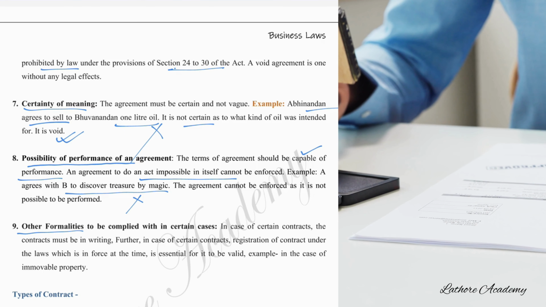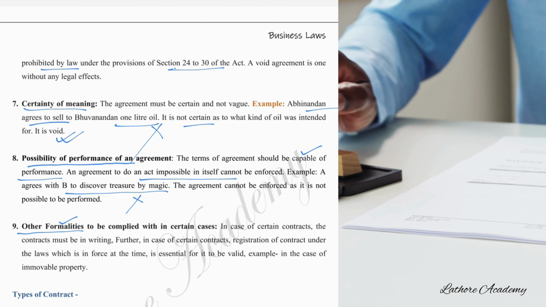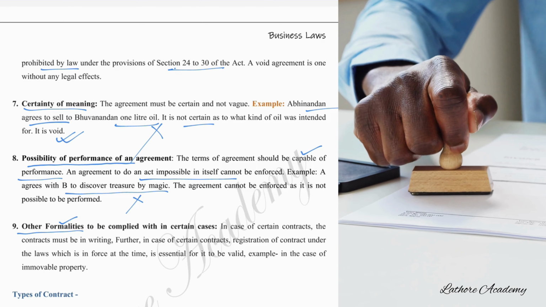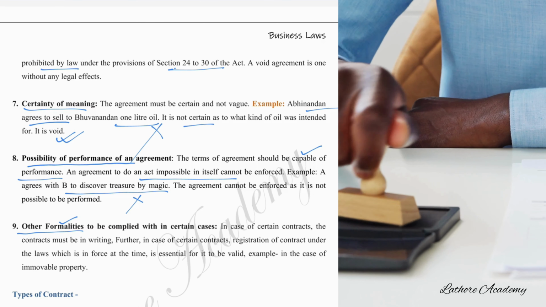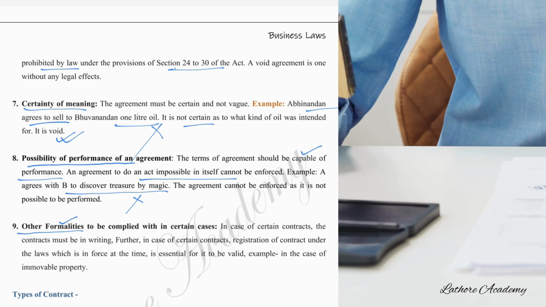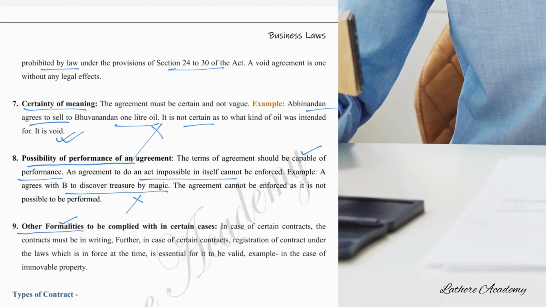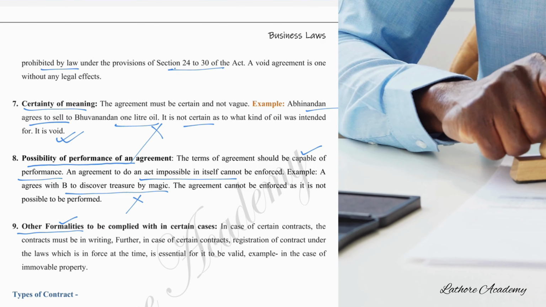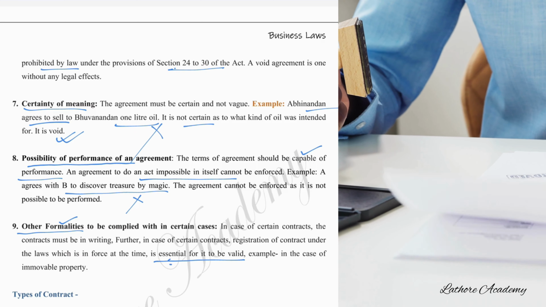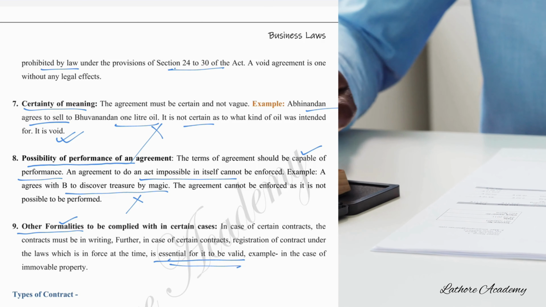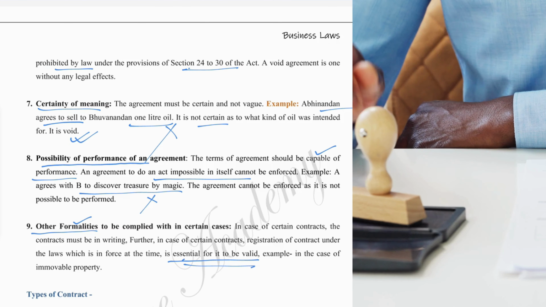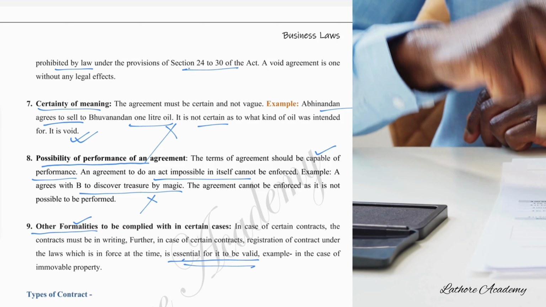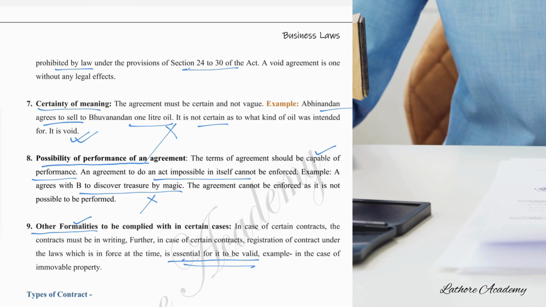So whenever formalities are specified in any law applicable in India, those formalities have to be fulfilled in order to call it a valid contract.